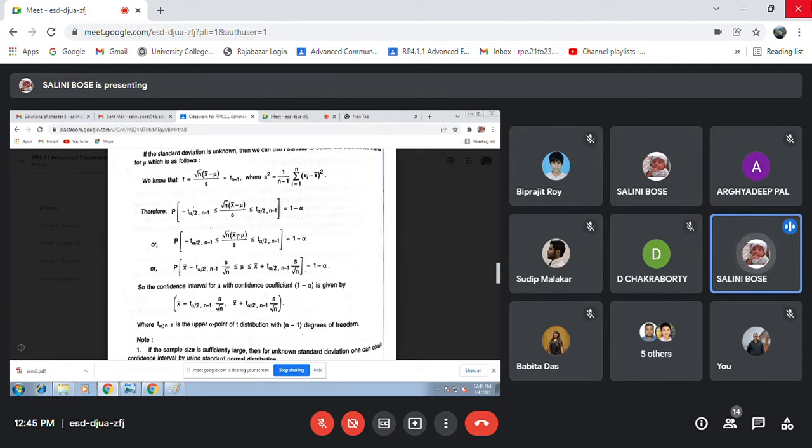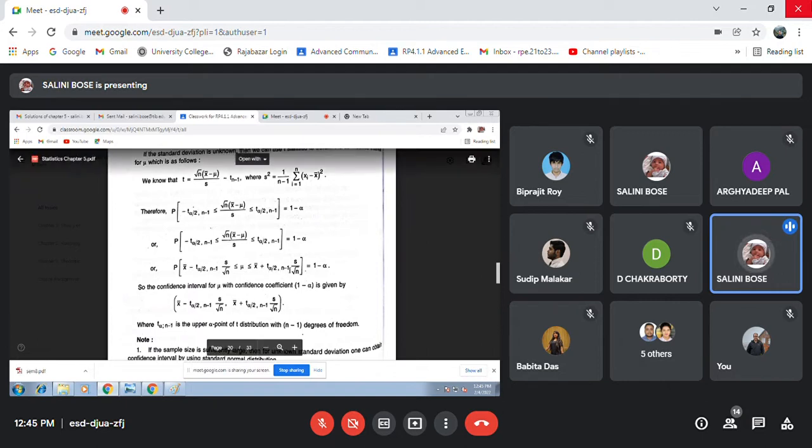As we need only the interval for mu, we can modify our equation like this. You multiply this with S by root n, and this one is x bar minus mu. So we can write x bar minus and x bar plus.